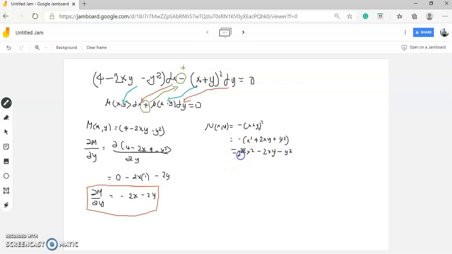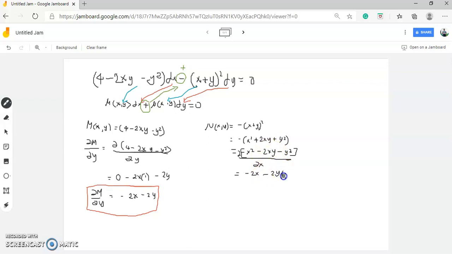And remember that this one will be derived with respect to x. So we have to derive this one. We could derive this one because they have the same variable. So you have negative 2x, since the derivative of negative x squared is negative 2x. Here we derive x, and the 2 and y is a constant. So copy the 2 and y.